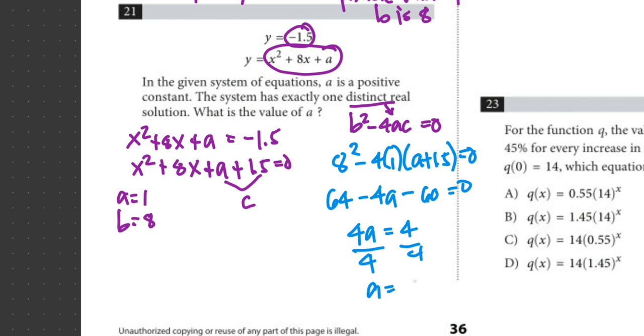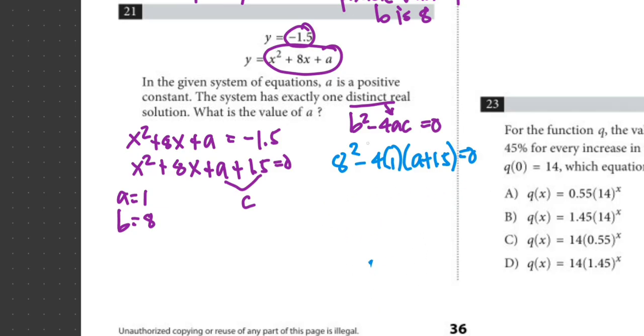Then 4a equals 4, then a is equal to 1? I think it doesn't make sense. Hold on. It's not 15, it's 1.5. So 64 minus 4a minus 1.5 times 4, which is 6, equals 0.